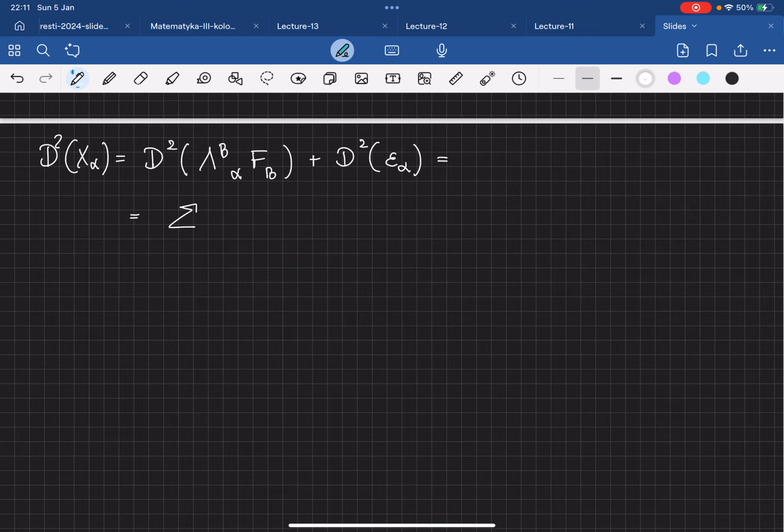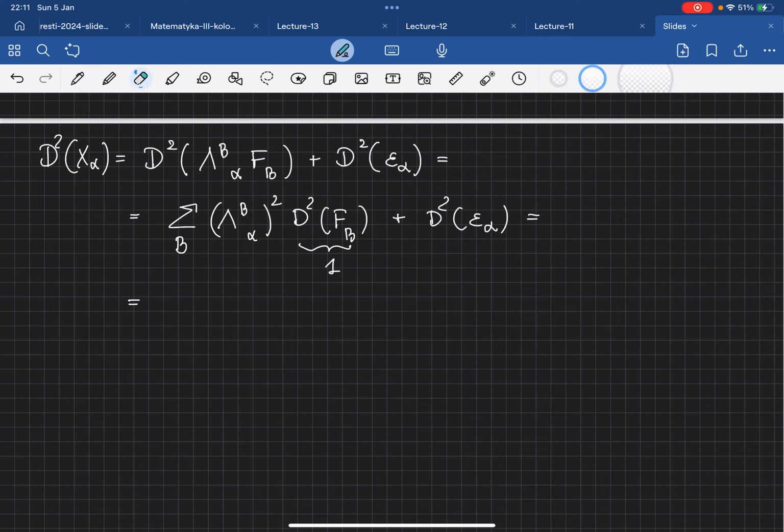This is the sum. If the f's are not correlated, then this is the sum over b of lambda_b^alpha squared times the variance of f^b, which is assumed to be equal to 1. Therefore, we have the following final form.